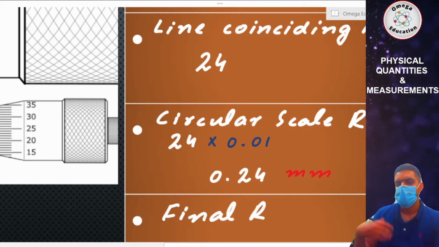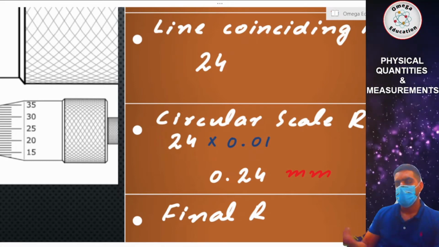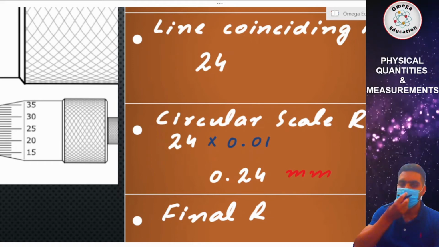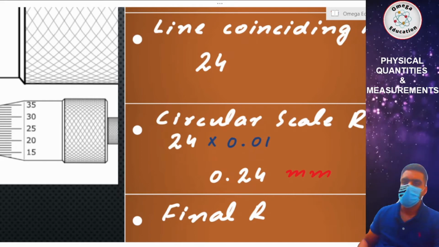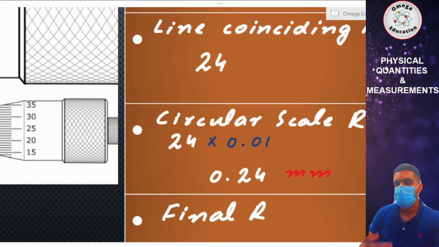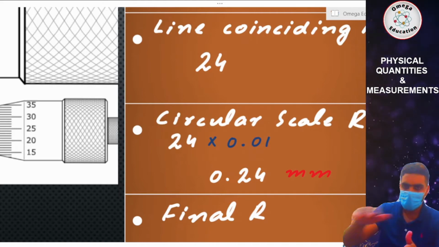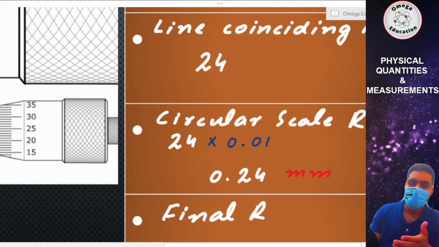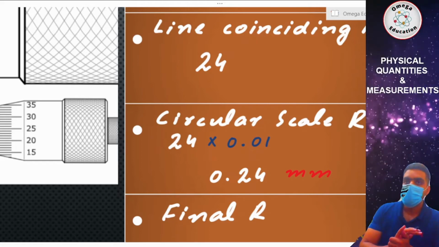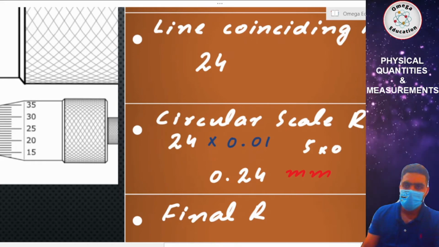If it is line number 10, it would be 0.10. If it is line number 15, it would be 0.15. If it is line number 35, aligned with the central line of the main scale, it would be 0.35. If it is line number 5, it would be 0.05, because you multiply 5 by 0.01. So that is the reading from the circular scale.